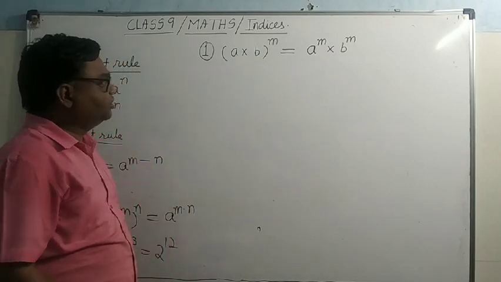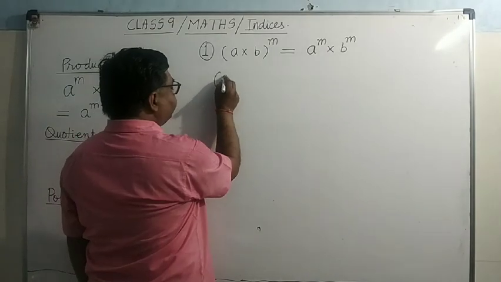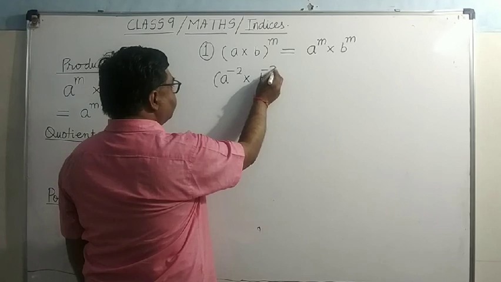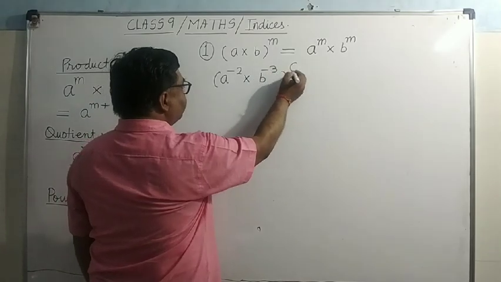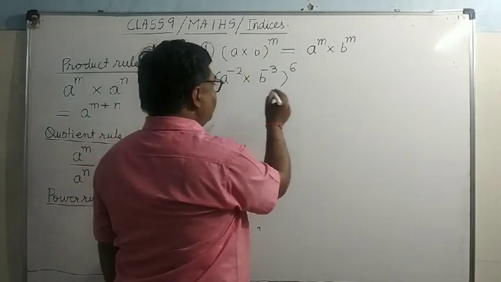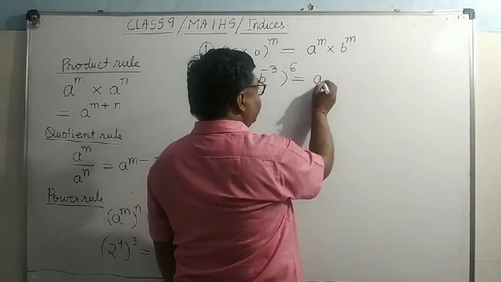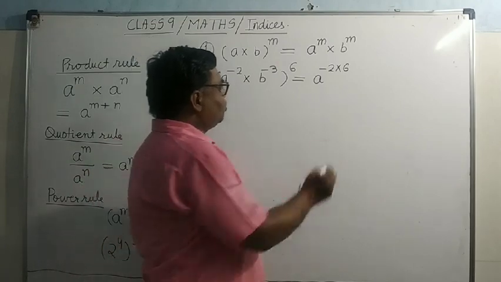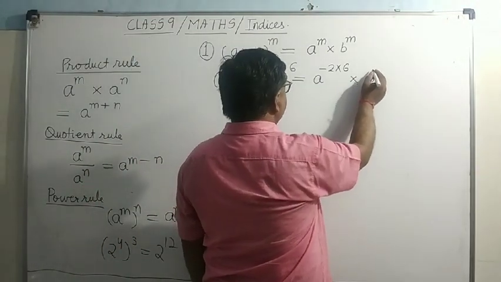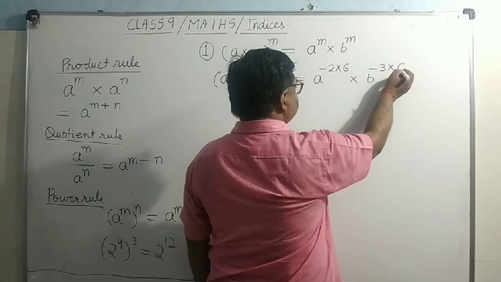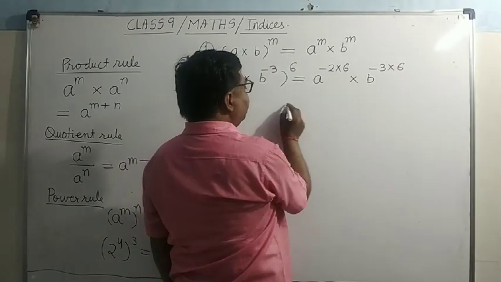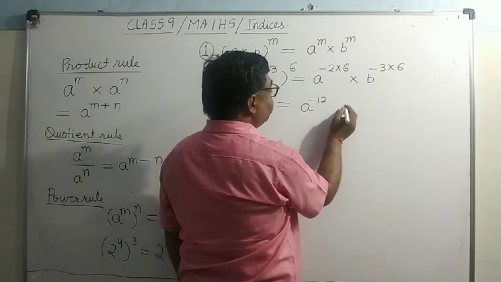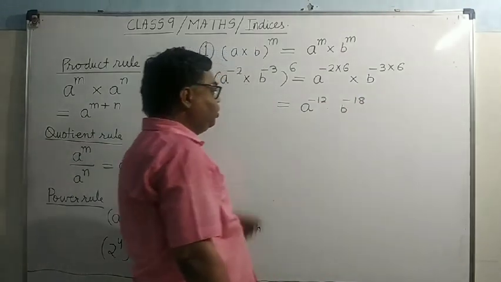For example, a to the power minus 2 into b to the power minus 3 whole to the power 6. When you open the bracket, what will happen? A to the power minus 2 into 6, into b to the power minus 3 into 6. So it will be a to the power minus 12 into b to the power minus 18. This way you will write it.